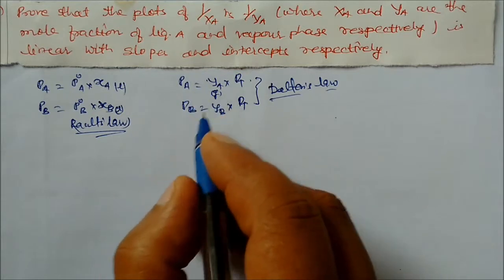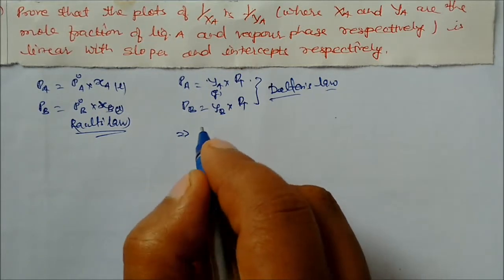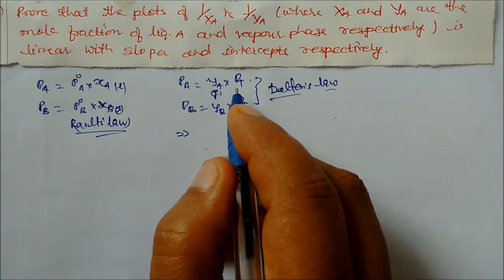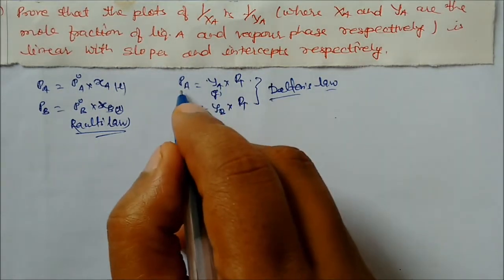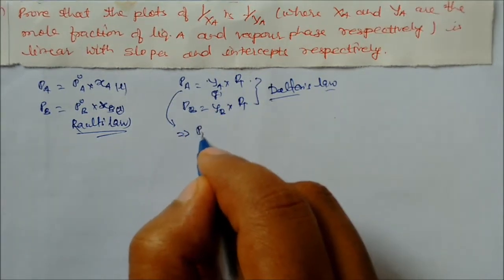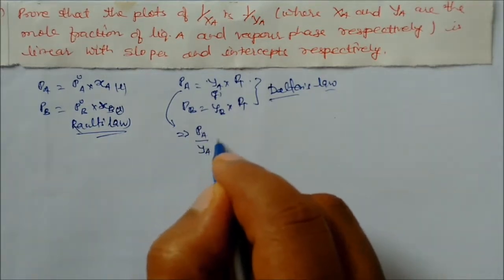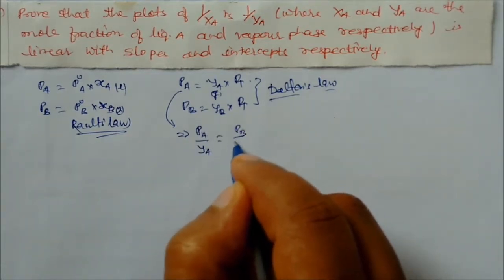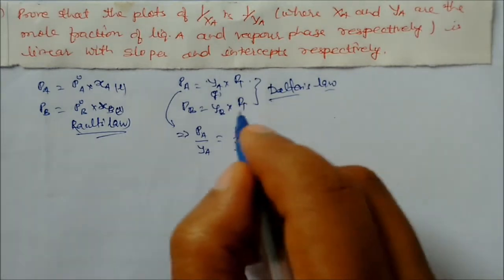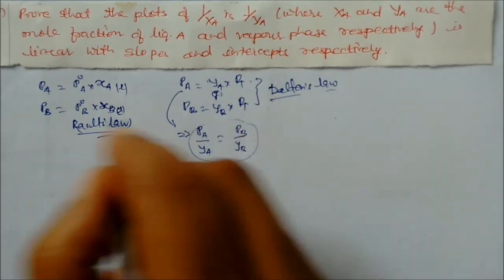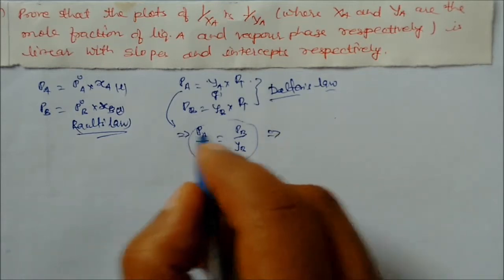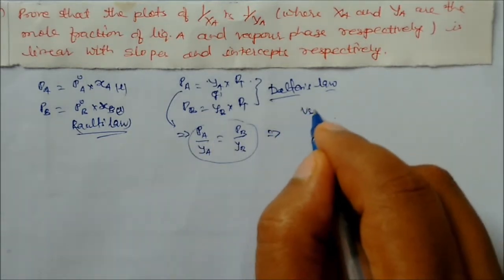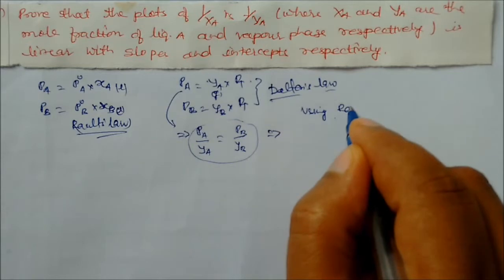So you take from this one, PA by YA is equal to PB by YB, because PT is constant. So this we can write as one equation. And again this we can change, using Raoult's law, we can use it from this equation.